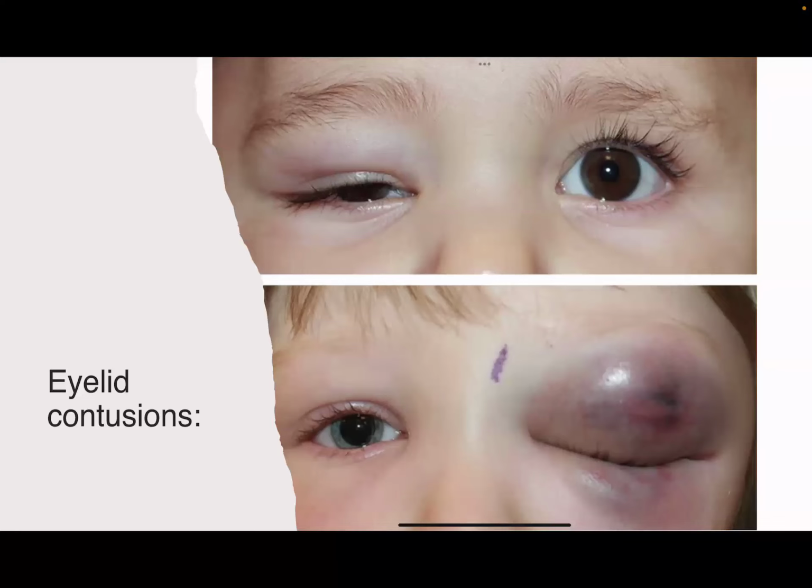The second picture shows a much more severe contusion, causing ecchymosis that rapidly increased to cause complete ptosis and closure of the globe. Sometimes you need to use eyelid retractors carefully to examine the eyeballs and check carefully if there is any associated eye injury.